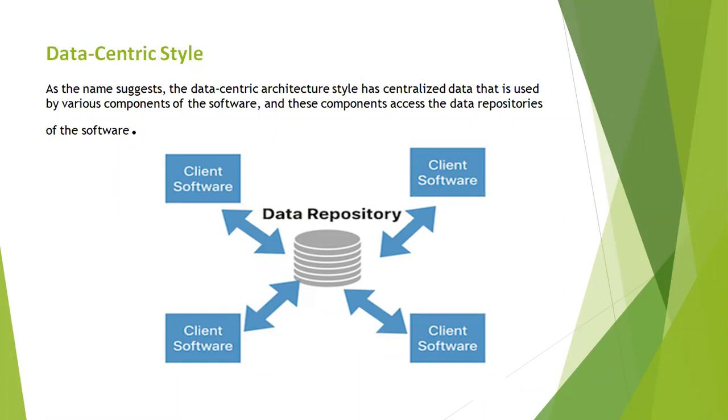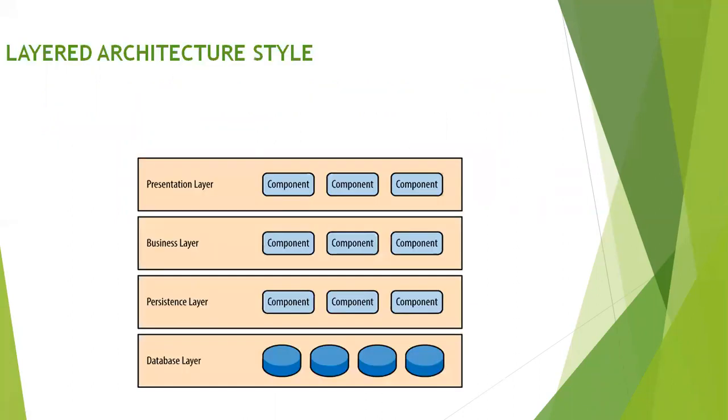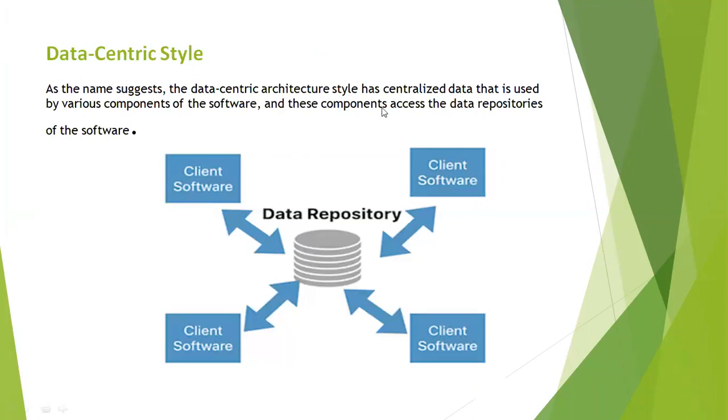In this data centric style, as the name suggests, the data centric architecture style has centralized data that is used by various components of the software, and these components access the data repositories of the software.